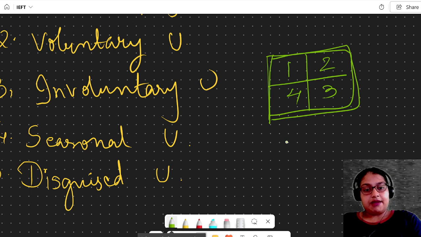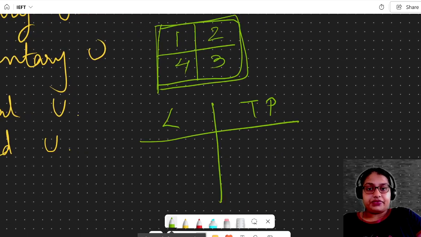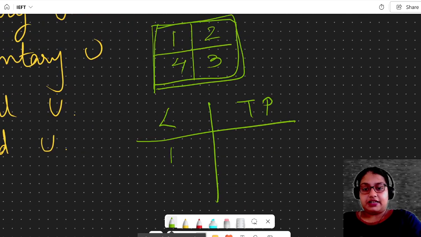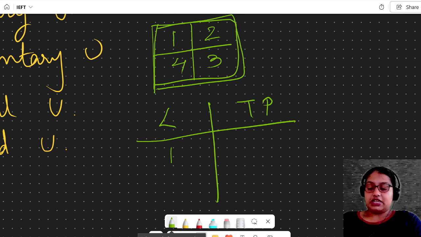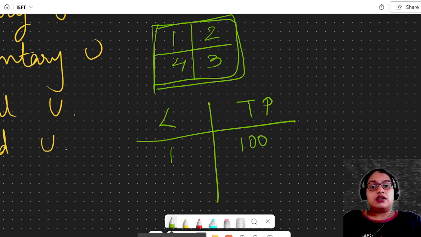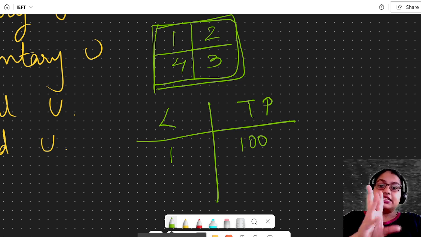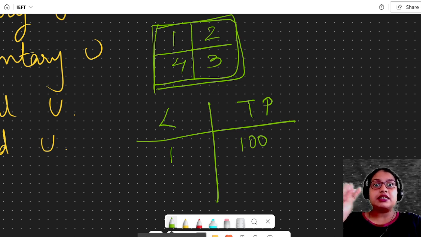Now I am taking the graph. This is laborers and this is the total production, total product units. In that case, laborer 1, just as an example, if only laborer 1 was there, can produce 100 carrots.